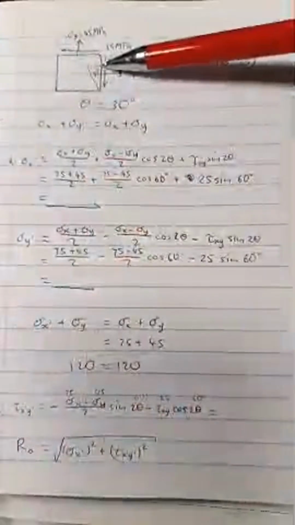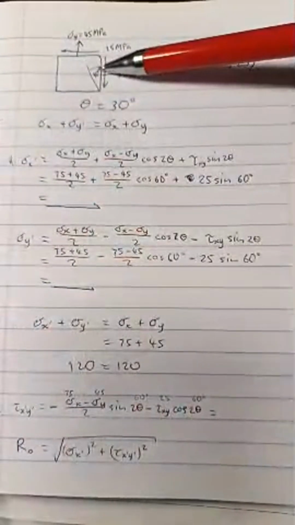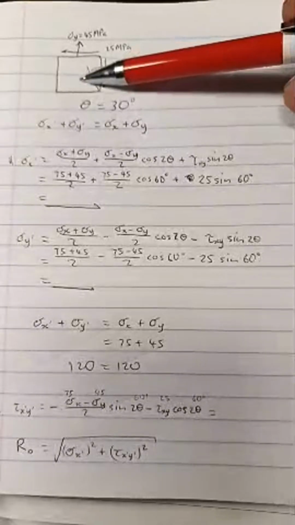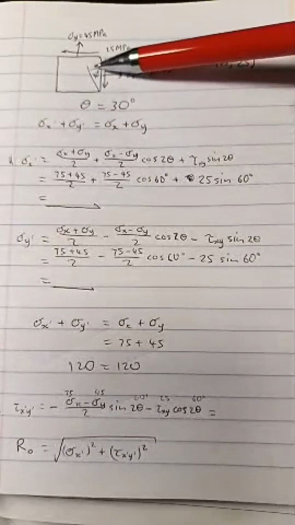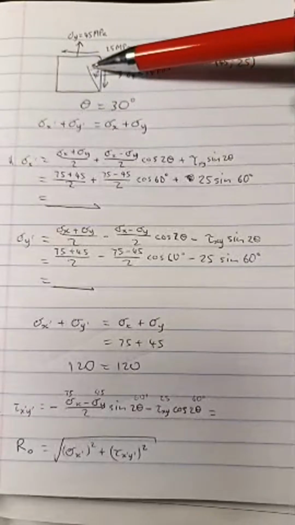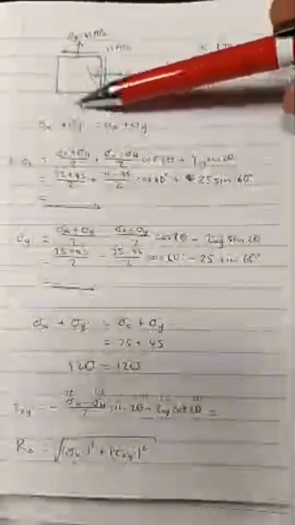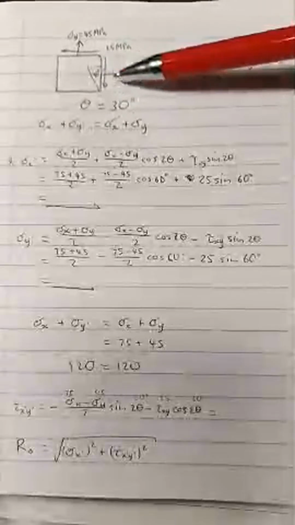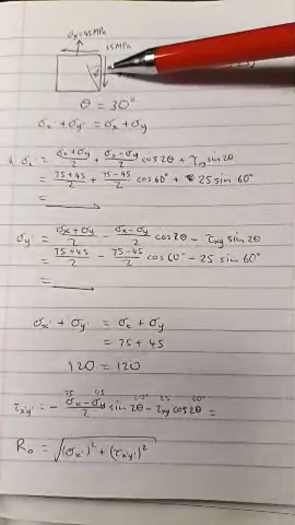If you're moving from the X face, following this arrow towards this line, you are rotating anti-clockwise. When you rotate in an anti-clockwise direction, it is a positive angle. So that is why this 30 is positive.